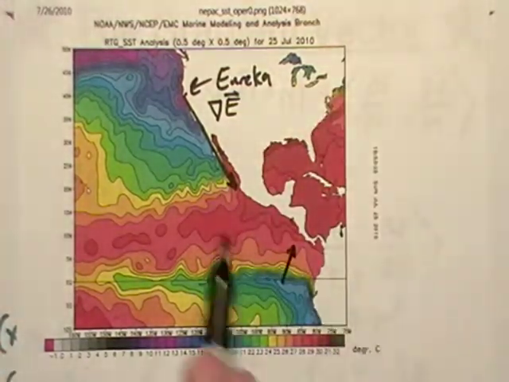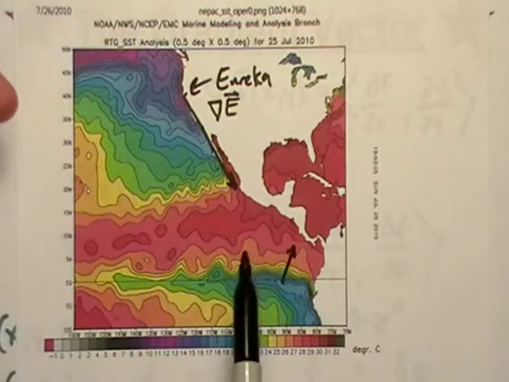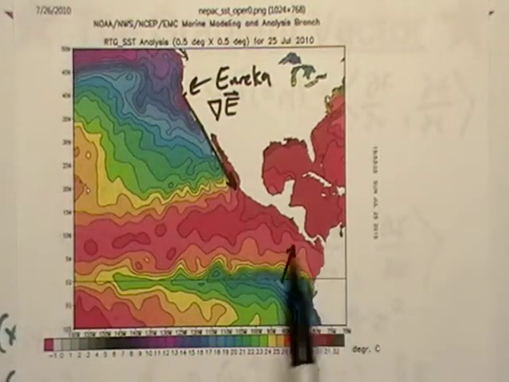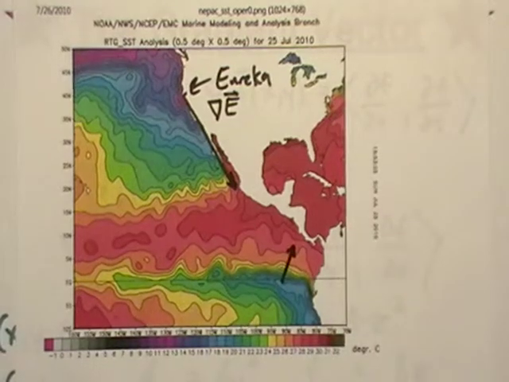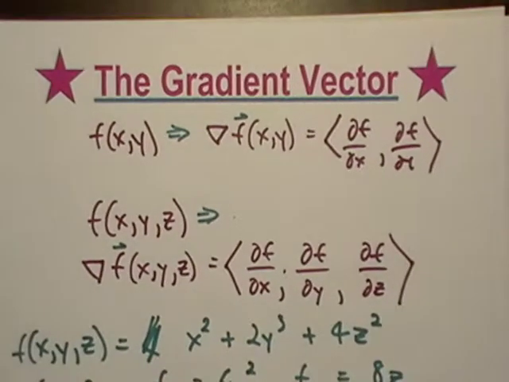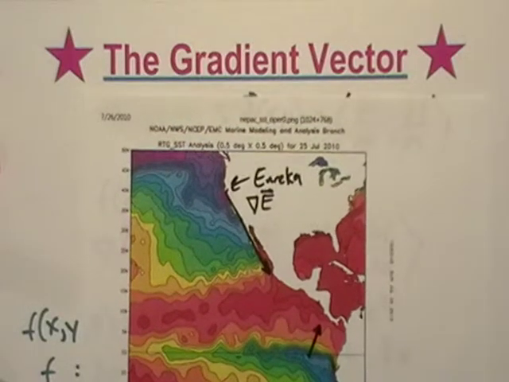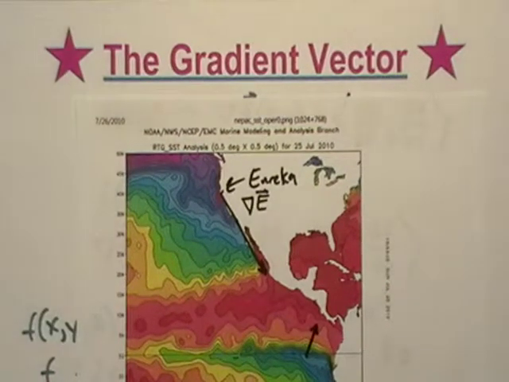Now granted, this function would be extremely complicated. There's no way you could do it by hand. This is a computer-generated model, but computers actually use this formula right here to figure out what the gradient vector is. It's all programmed into the computer.